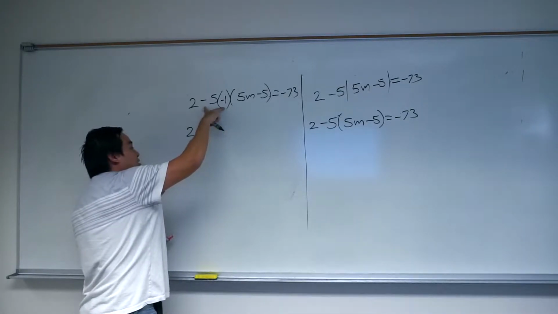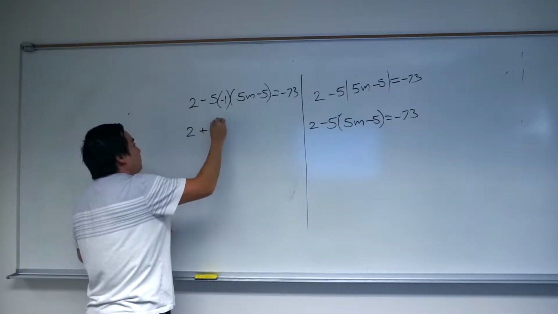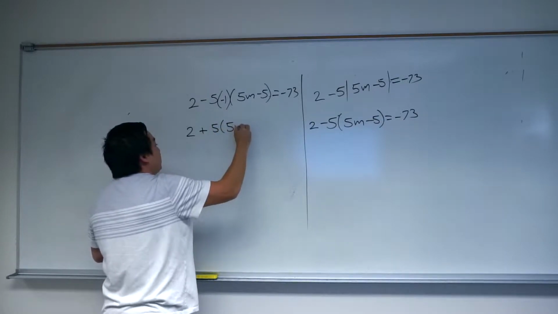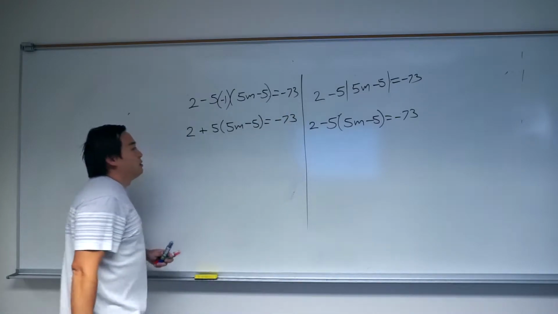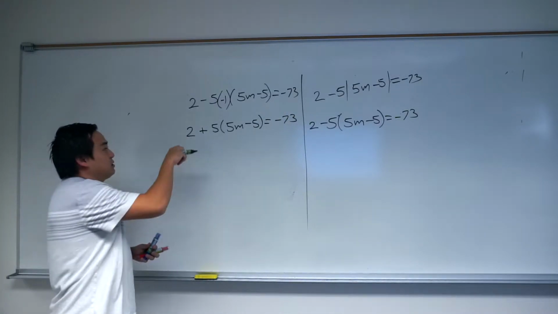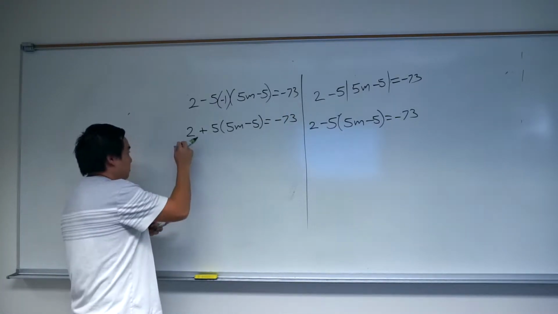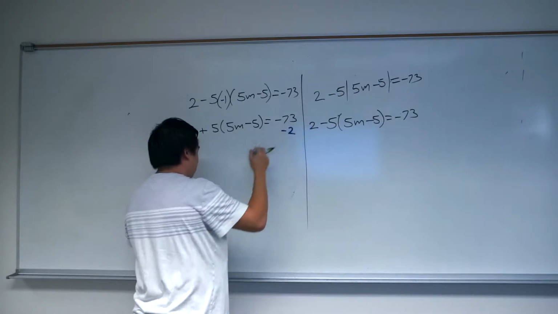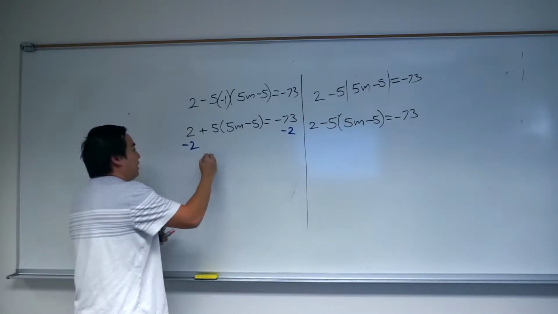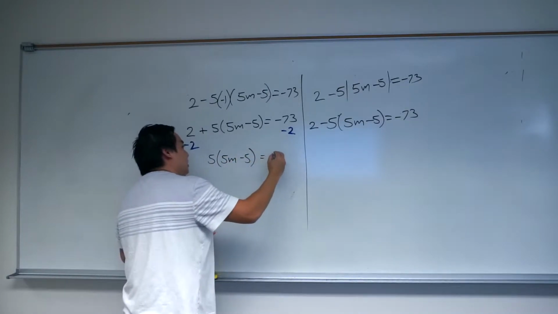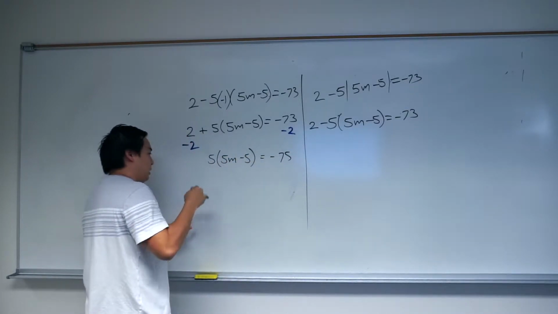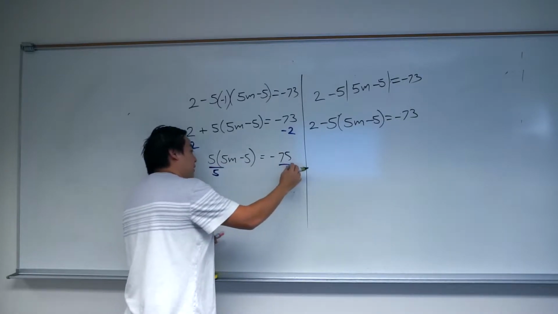These two negatives cancel to give you a plus 5 times 5m minus 5 is equal to negative 73. Okay. Subtract 2 from both sides. So 5 times 5m minus 5 is equal to negative 75, and then divide by 5.